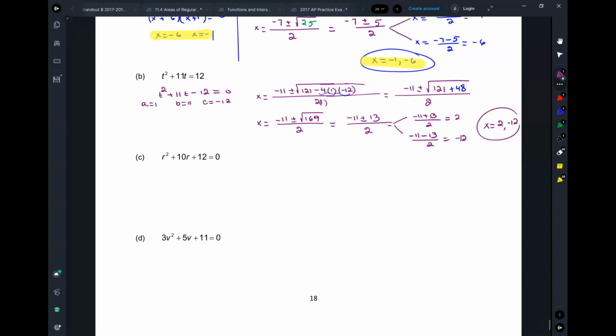So A, B, C are 1, 10, and 12, right? So x is negative 10, right? Plus or minus the square root of 100 minus 4 times 1 times 12, all over what?